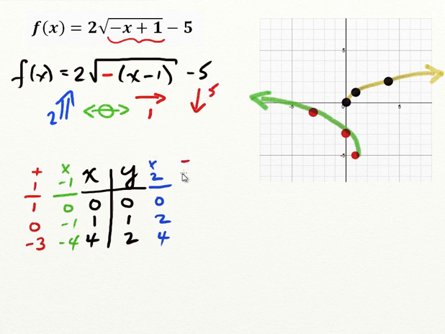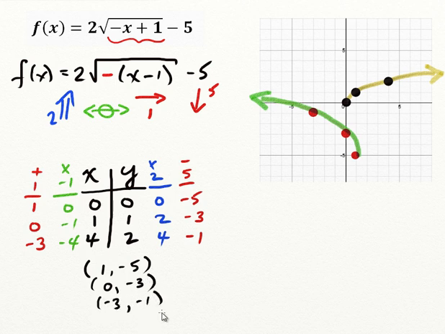So I'm going to subtract 5 from each of these values, and I get -5 and -3 and -1. Okay? That means that if I look at the outermost points, the coordinate points of this new transformed function are 1, -5, and then it looks like I have a point at 0, -3, and finally -3 and -1.